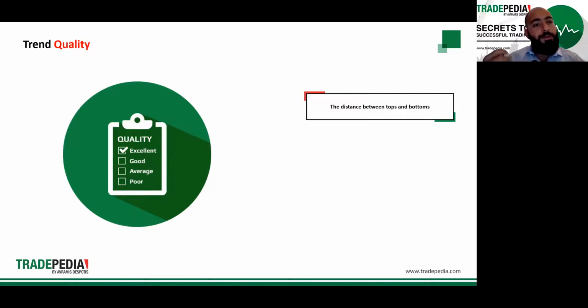So the best trends are the trends that develop at a slope of 45 degrees. How to identify the best slope? We will study the distance between tops and bottoms and evaluate the quality of the trend using it.